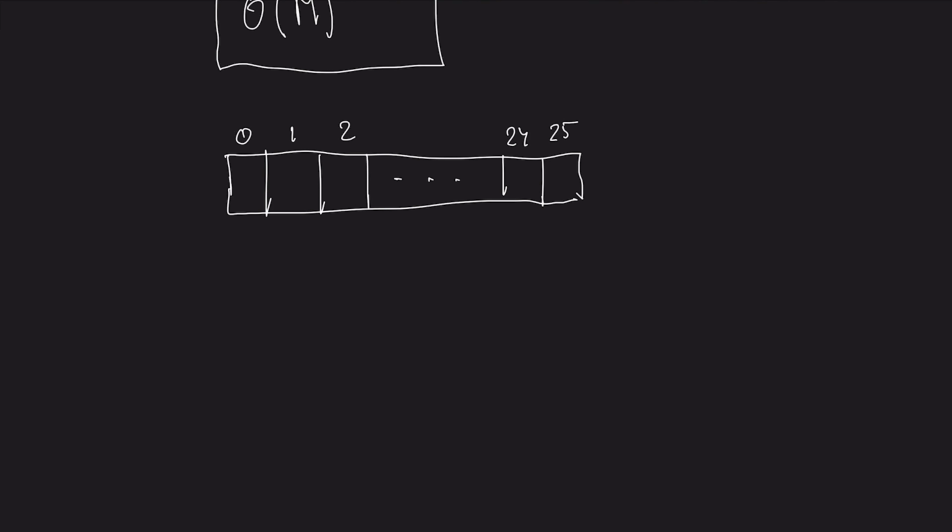And for each character we are processing, we would subtract an A from the character. So for example, if our current character is A, we would subtract A, and the result would be 0. If our character we are processing is B, we would subtract the code of A, and the result would be 1, and so on.